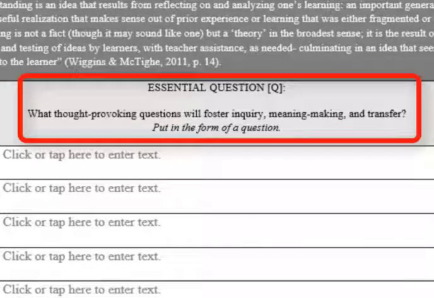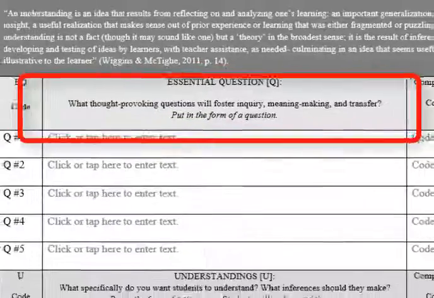For essential questions, those are the thought-provoking questions that you want to develop for this section. What are those provocative questions, questions that are not easily answered with yes or no? What are those that will get students excited about the information and really help students to make those underlying meanings and connections to the information?